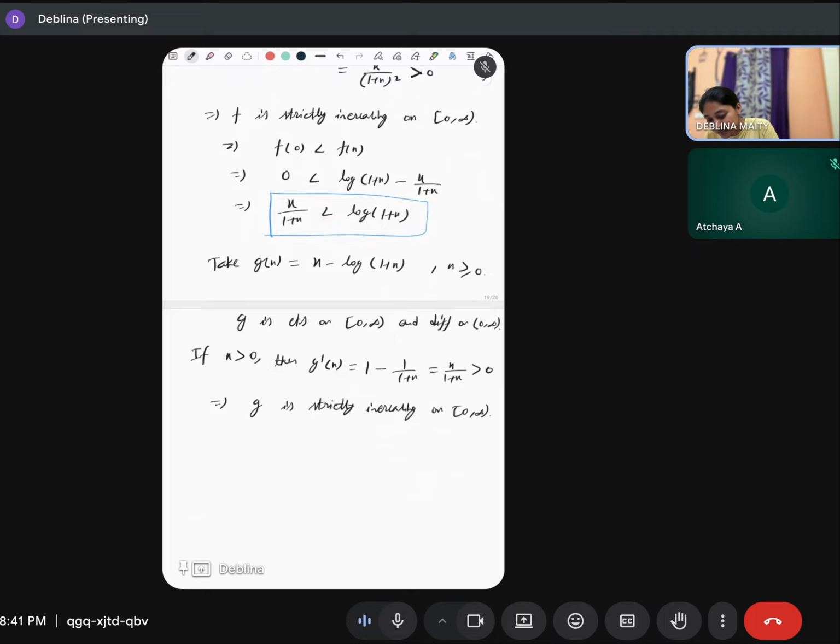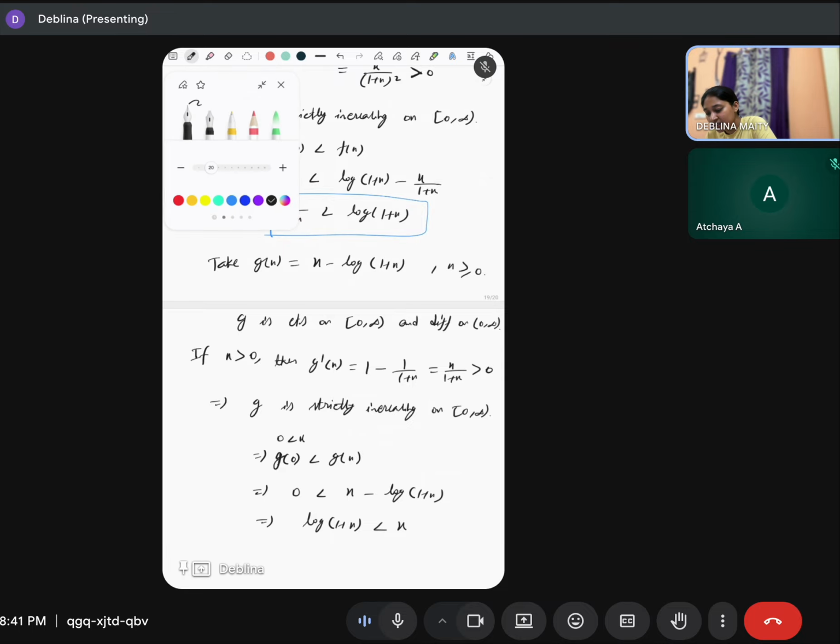Strictly increasing means 0 less than x implies g of 0 is less than g of x. g of 0 is 0 and g(x) is x minus log of 1 plus x. So log of 1 plus x is strictly less than x.